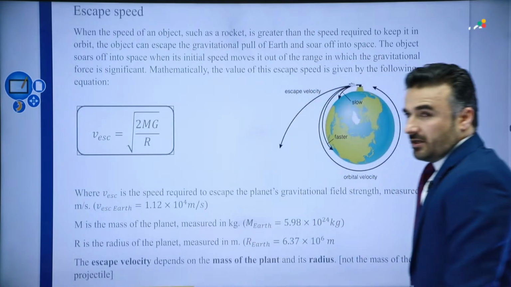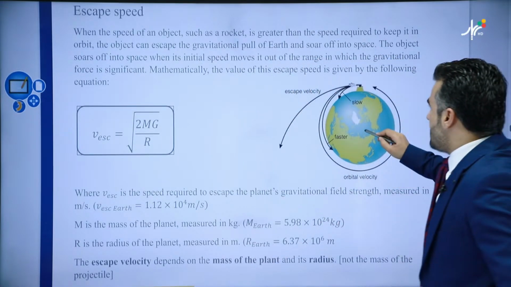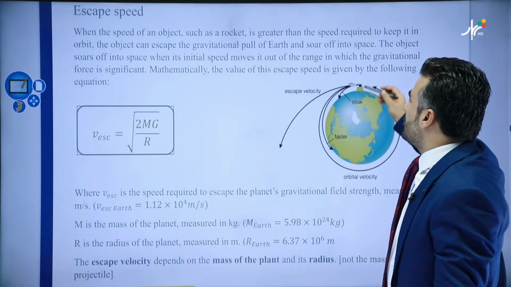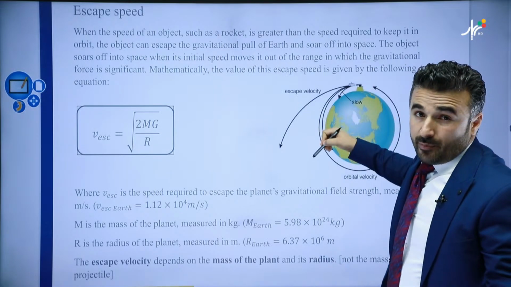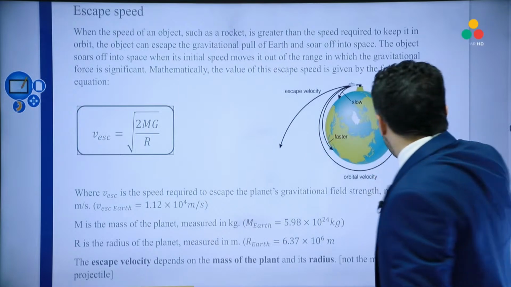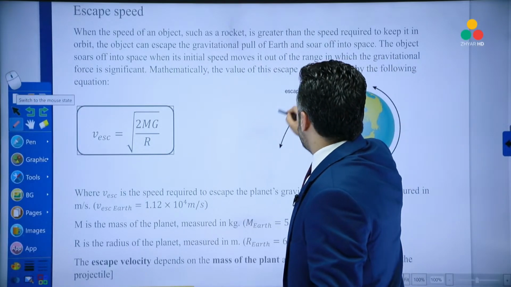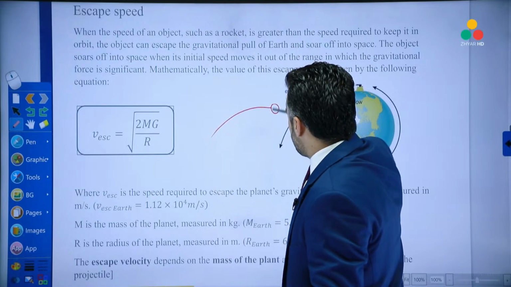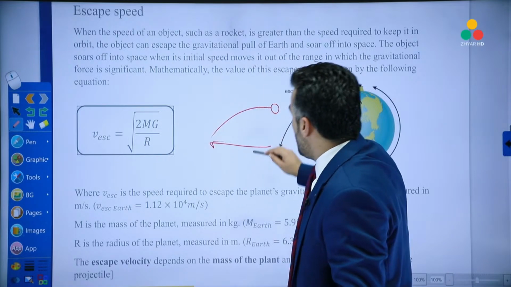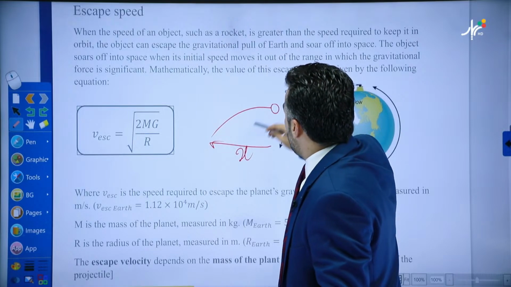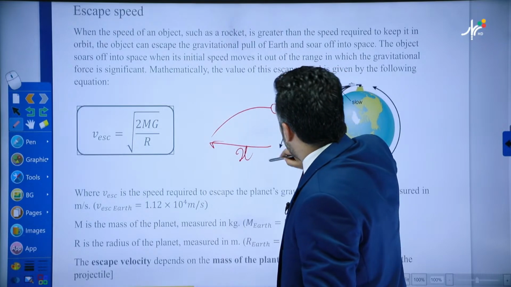What is escape speed in general? Take a look. For example, we have a cannonball. If you fire this cannonball with a certain speed, after some time, gravity will pull it down. Or we can say this object's speed can be analyzed into 2 components. Let's say here's the cannonball. Once it falls down, there is a horizontal component, and there is the vertical component.